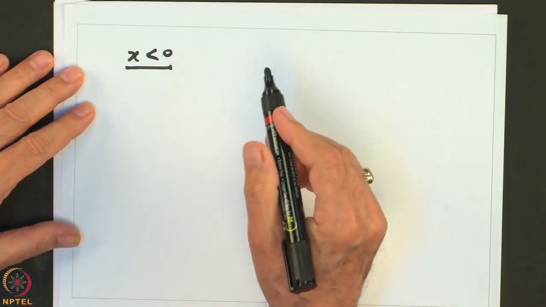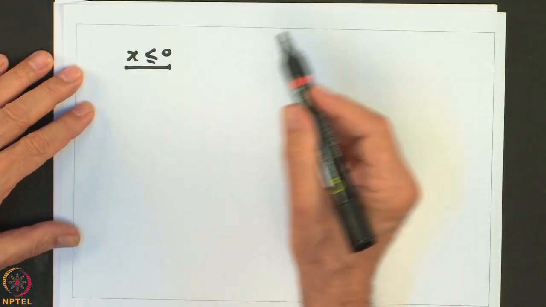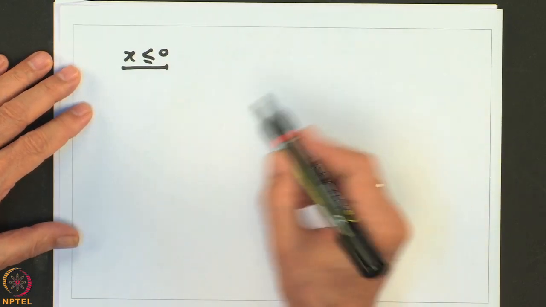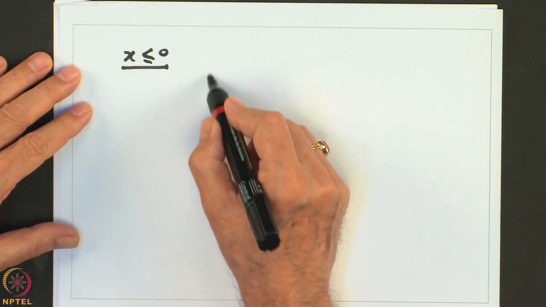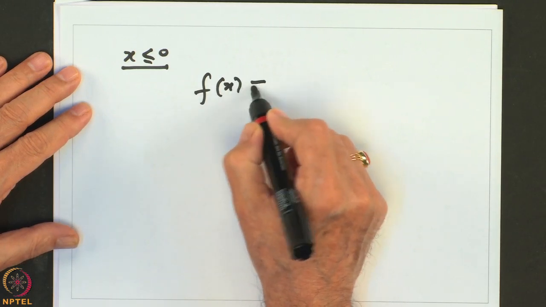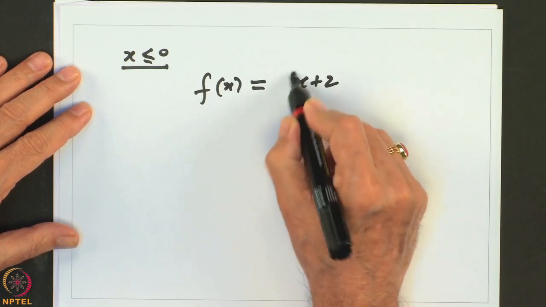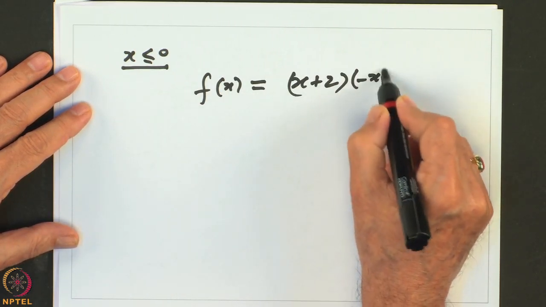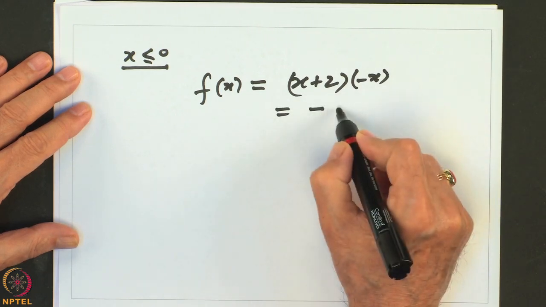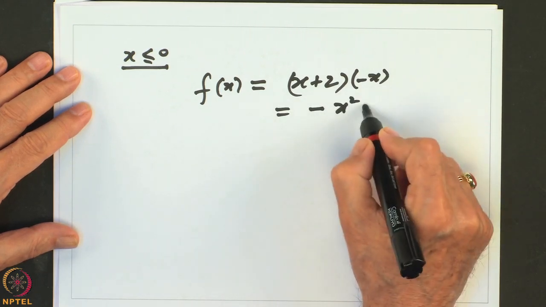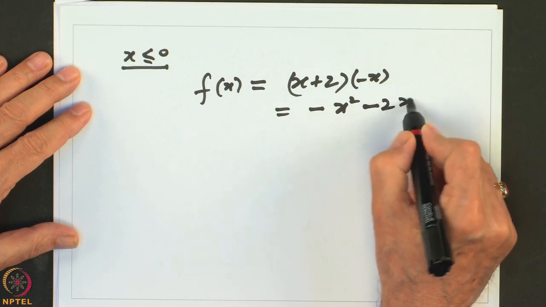Let us compute the left derivative of this at the point 0. So, for x less than 0, less than or equal to 0 does not matter, because the function is uniquely defined at the point 0. f of x is equal to x plus 2, and the mod x is now minus x. So, it is equal to minus x square minus 2x.